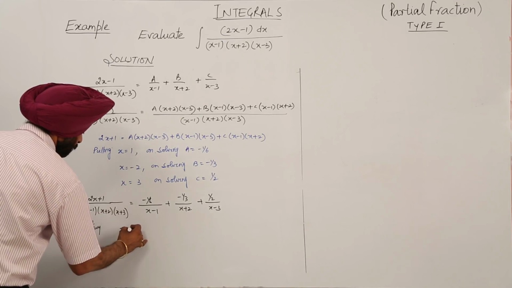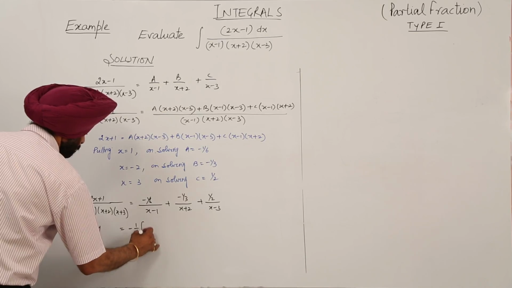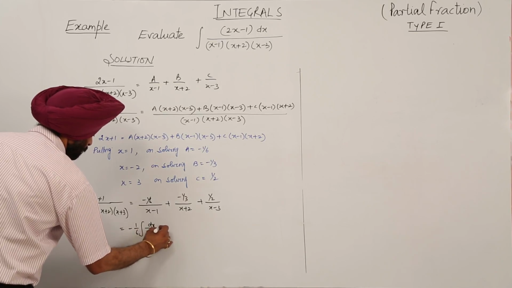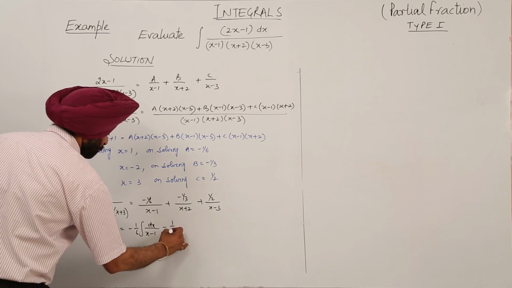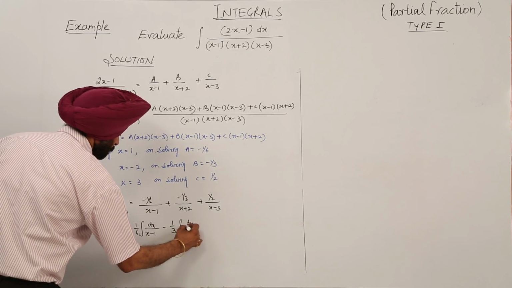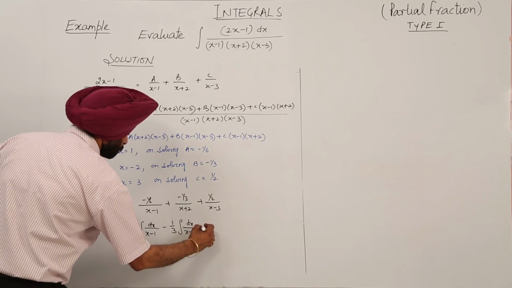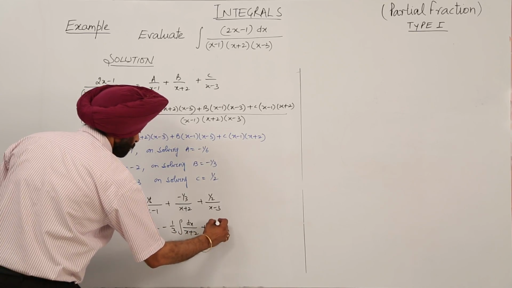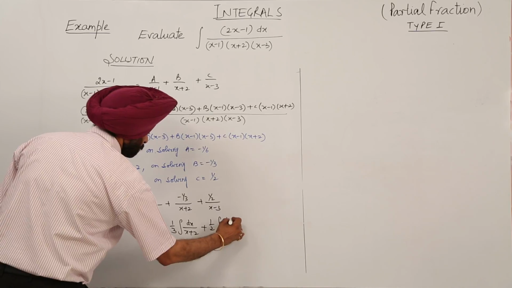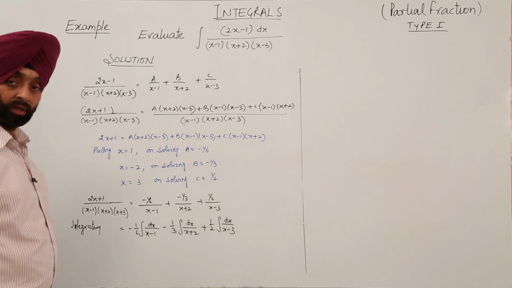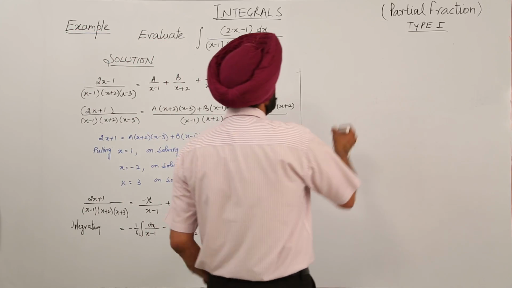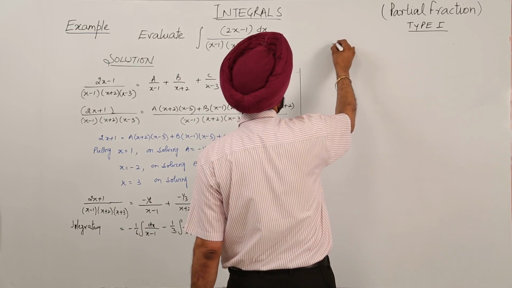Integrating, what we are having? -1/6 dx/(x - 1) - 1/3 dx/(x + 2) + 1/2 dx/(x - 3). Is it clear? Now what the answer will be?